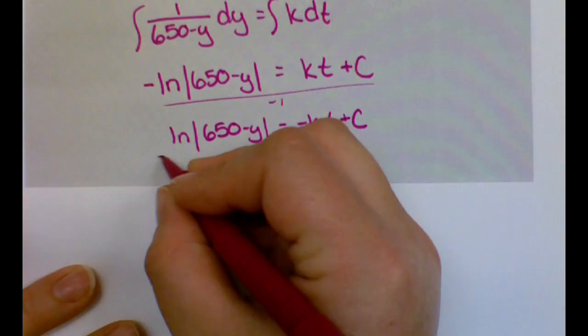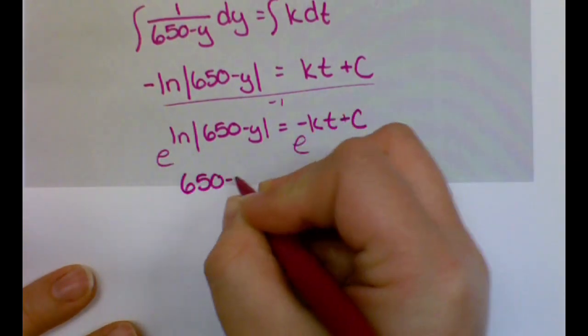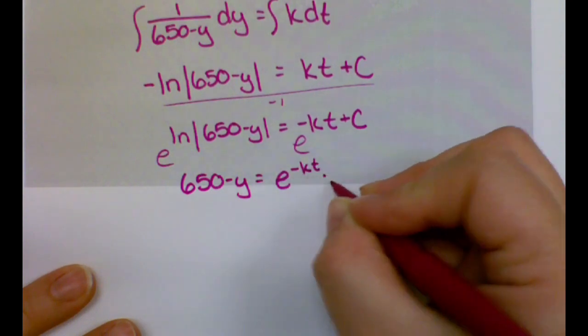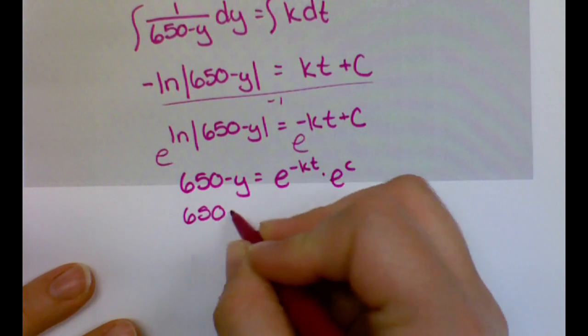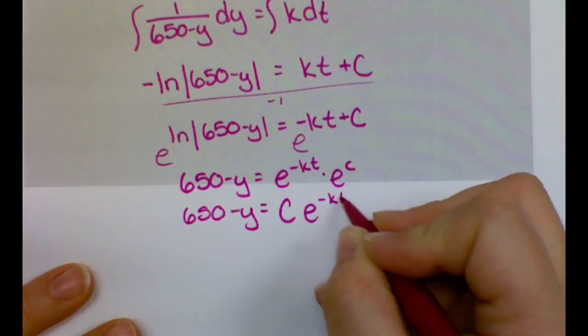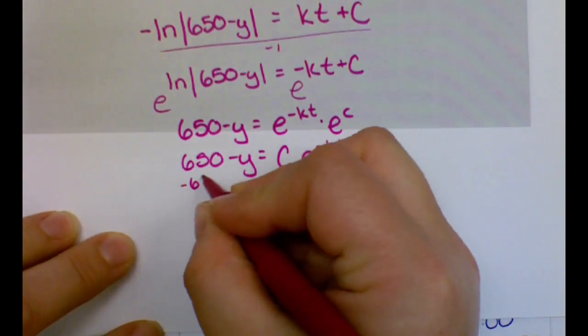All right, to get rid of the ln, we do e to a power. So we get 650 minus y equals e to the negative kt times e to the c. So 650 minus y is c e to the negative kt power. Subtract that 650.